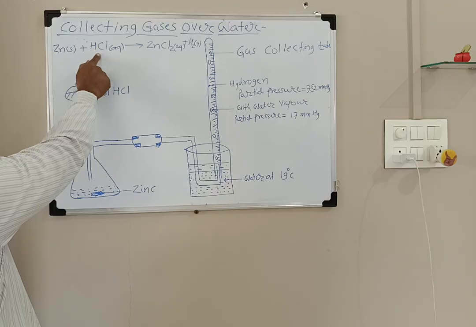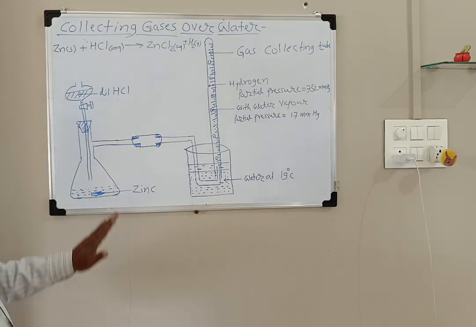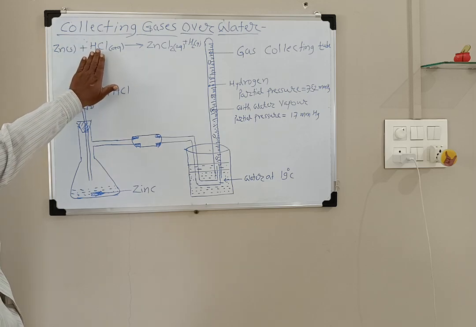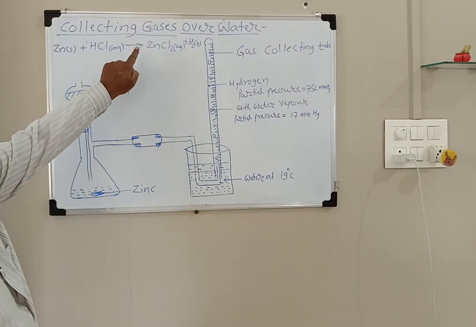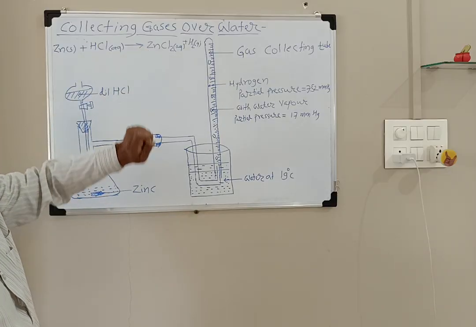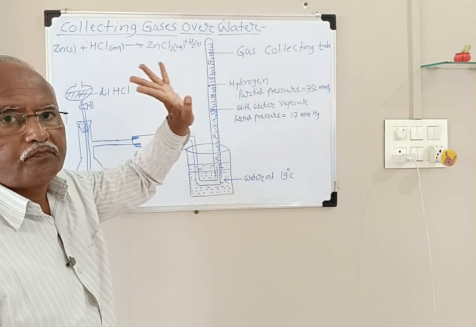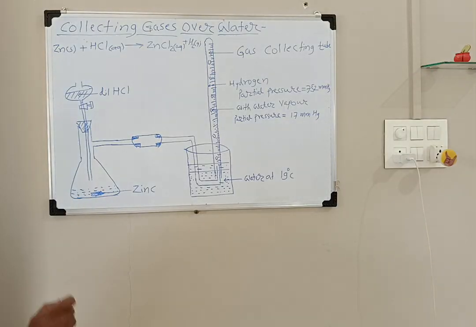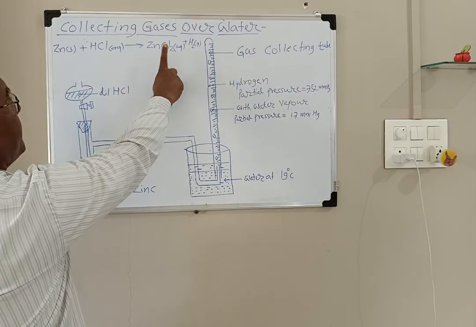So HCl, which is in aqueous state, zinc reacts with dilute HCl to produce zinc chloride and hydrogen gas. Balance this equation. On the right hand side, two chlorine atoms are present.